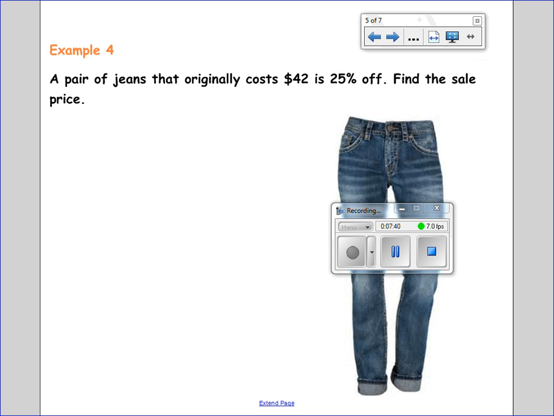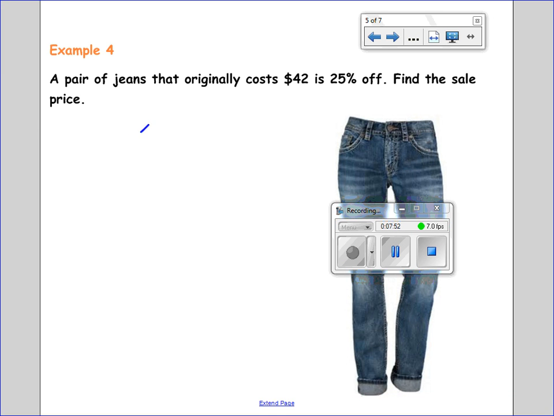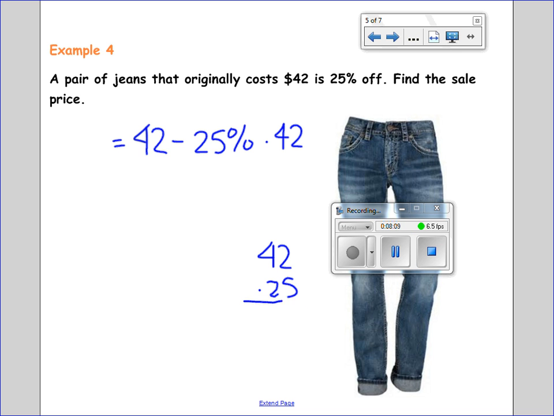Example 4. A pair of jeans that originally cost $42 is 25% off. Find the sales price. So the sales price that I'm looking for is how much you're actually paying for the jeans. So you're going to take your $42, then subtract your 25% times your 42. Simplified, you're just going to take your $42 and multiply it times 0.25.